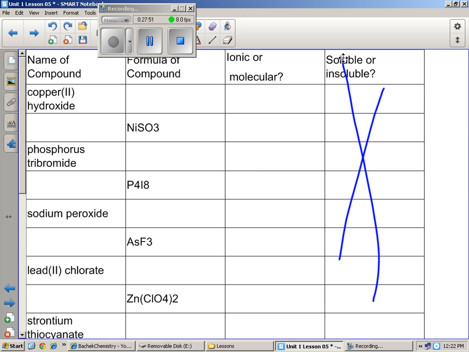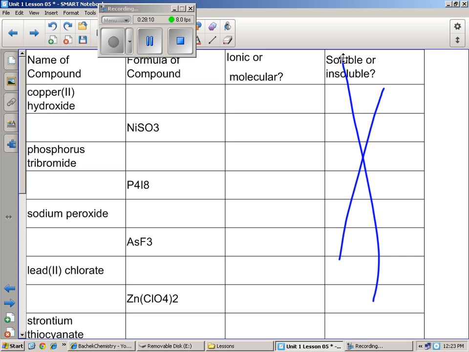But once again, what's the difference? Ionic, what are you looking for? How are you going to know it's ionic? What's the first thing you notice? Yeah, it has a metal at the beginning. So you're going to have a metal and a non-metal. And if it's molecular, it's going to be non-metal, non-metal.